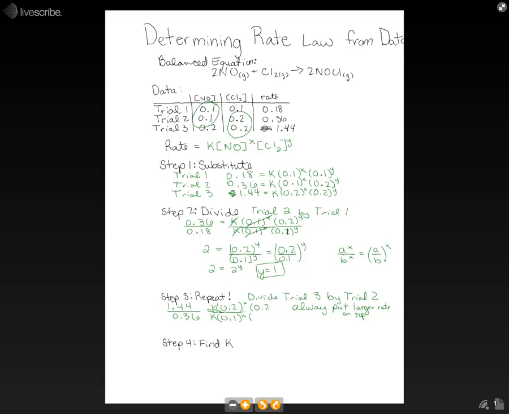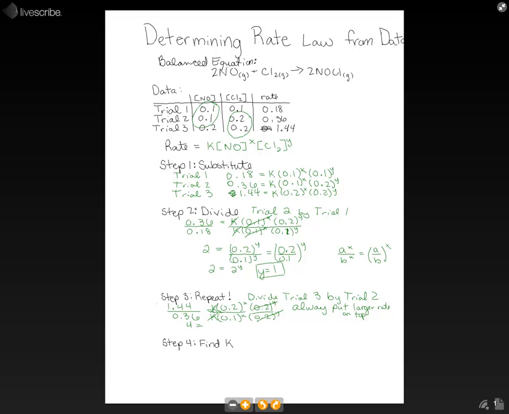And then we're going to multiply by 0.2 to the y divided by 0.2 to the y. And we're not going to put in what we know for y, simply because we know it's going to cancel, so we don't need to worry about it. So that value cancels and our k cancels. If we simplify that, 1.44 divided by 0.36 gives us 4.